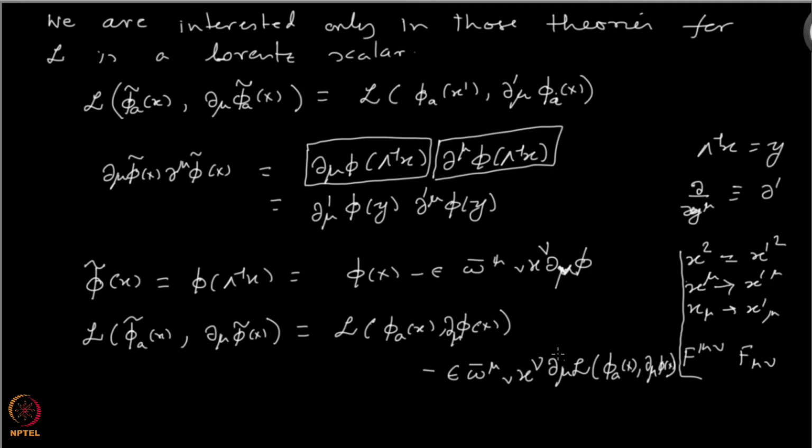And I can do so because this will generate a term which will give you 0 when multiplied with the omega bar mu nu. All you have to use is that omega mu nu is antisymmetric under mu nu interchange. And this will generate a piece which will disappear when you contract with something antisymmetric, and that you can see easily why it will happen.